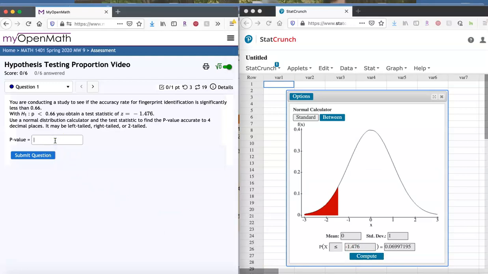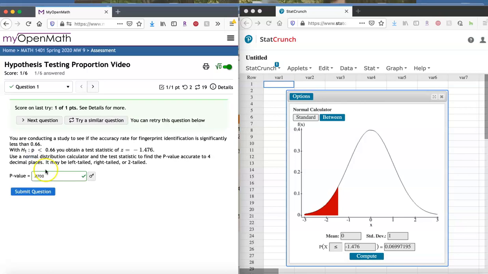P-values are usually 4 decimal places, especially if you're not told any differently. So this would be 0.0699. That 9 rounds up to a 10, so that would be 0.0700 when we round it off. One more than 699 is 700.